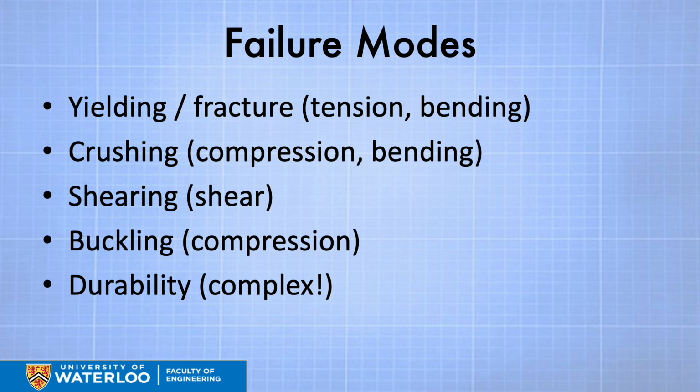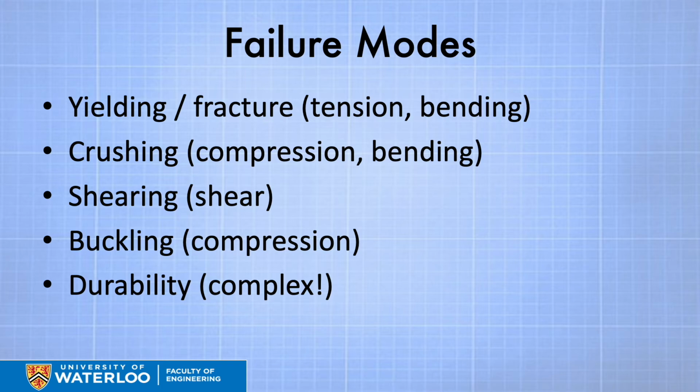So we worry about yielding or fracture of a material when it is being extended or put into tension, or on the tension side of bending. We worry about crushing when an element or material is being compressed, which means it's on the compression side of a bending element.